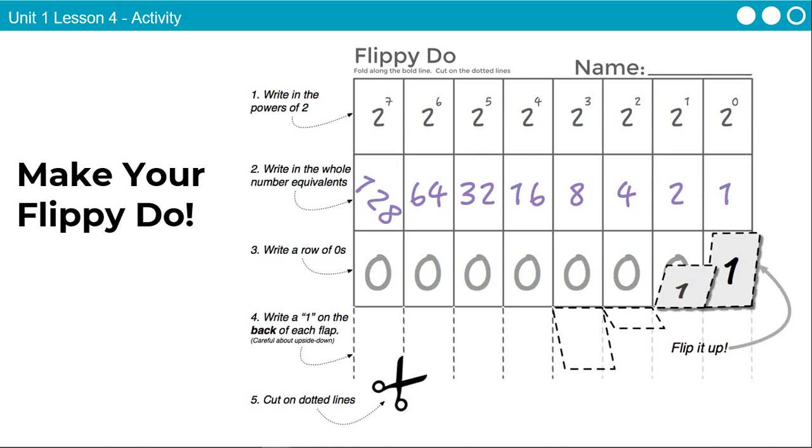But you can't show 4 with just 2 places in binary, because the value of 4 has to go to the third place value. So you'll notice that 2 to the second power is the value of 4. So if we wanted to represent 4 in binary, it would be 1 0 0, and so on and so forth. Okay.